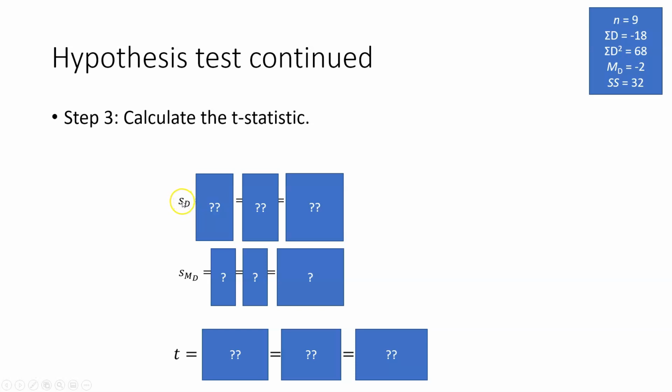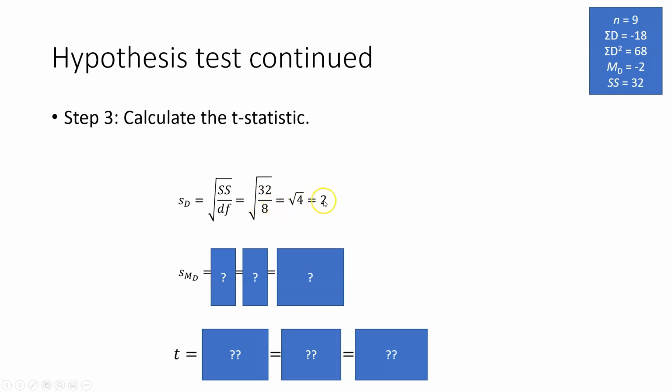So look for the formula for the standard deviation. That's the square root of SS over DF. That equals, look up here, we've already computed our sum of squares on a previous slide, that's 32, and if you remember from our last slide, the degrees of freedom was 8, so 32 over 8, square root of that, 2.